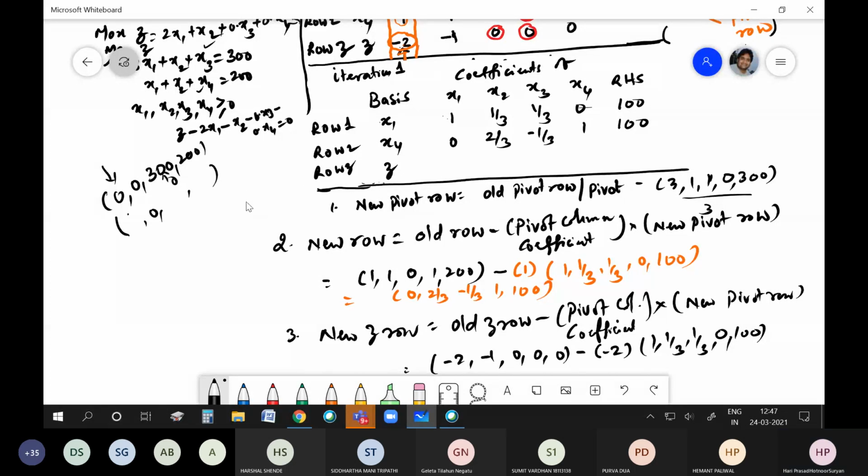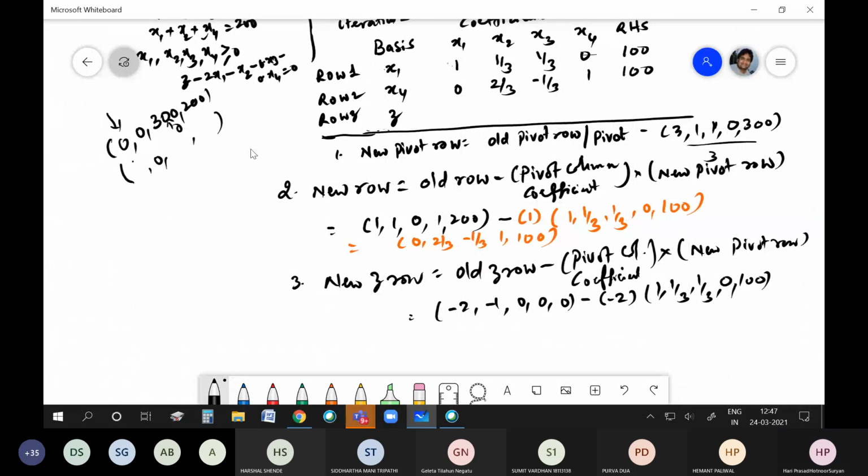This will be 0, 0, minus 1 by 3, 2 by 3, 0, 200. Exactly. So this you put here: 0, minus 1 by 3, 2 by 3, 0, 200.